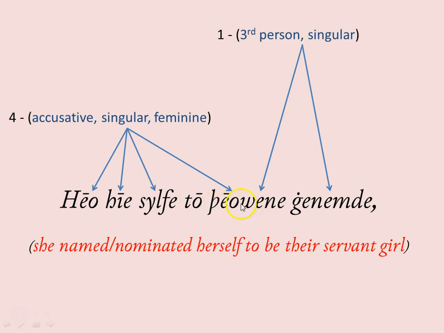So it's something she's doing. So we could say, well, okay, she nominated herself to be their servant girl. All right? She nominated herself to be their servant girl. Heo hie sulva to theowene genemde. All right.